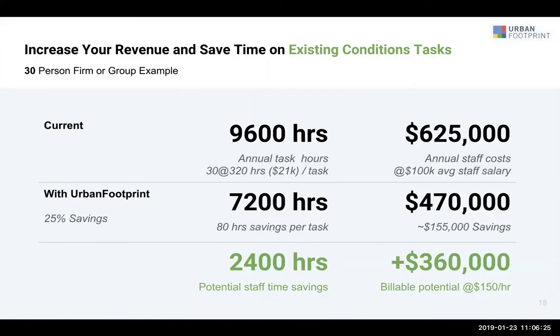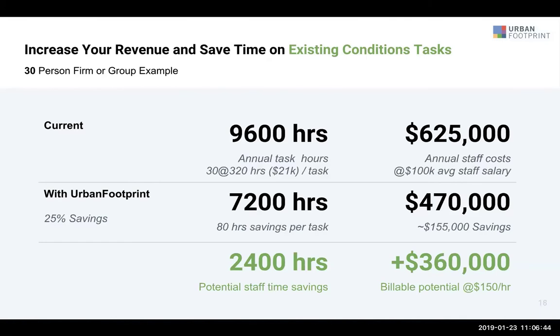Let's take a look at an ROI analysis for using Urban Footprint on the existing conditions phase of planning projects for a 30-person planning team. Starting with how that firm currently completes its existing conditions reports, we found that they spend about 320 hours per project and do about 30 projects per year.